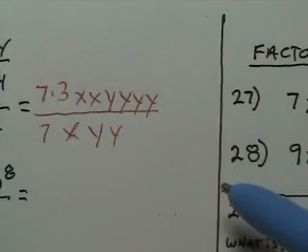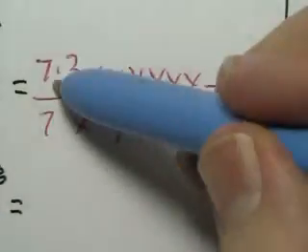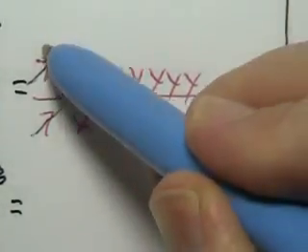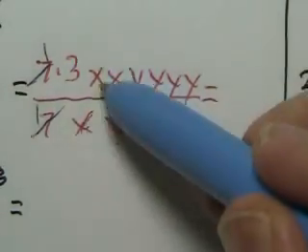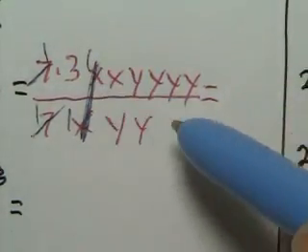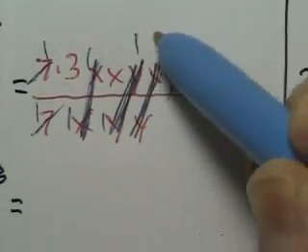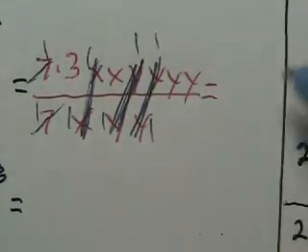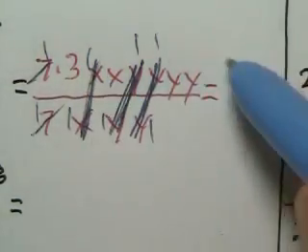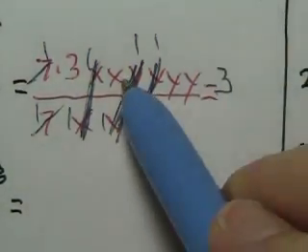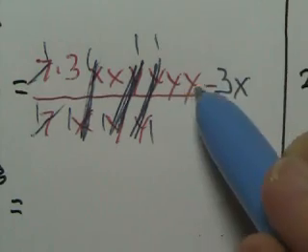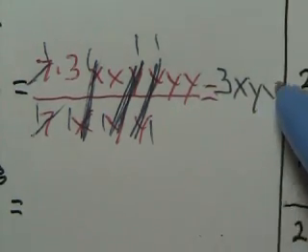So now I can reduce. So let's see, 7 goes into 7. That leaves us with 1. X goes into x once. We have another pair of y's. Y goes into y once. So what are we left with? We're left with just a 3, 1 x, and 2 y's.